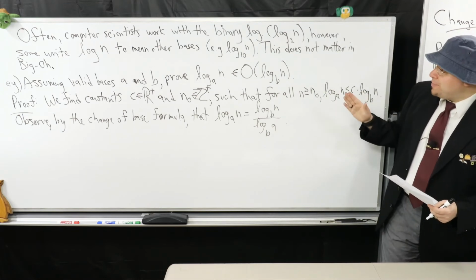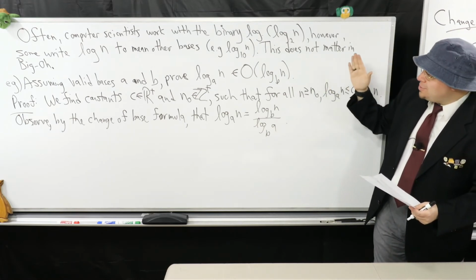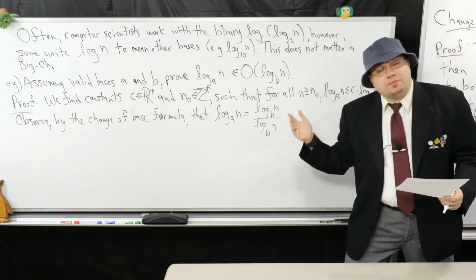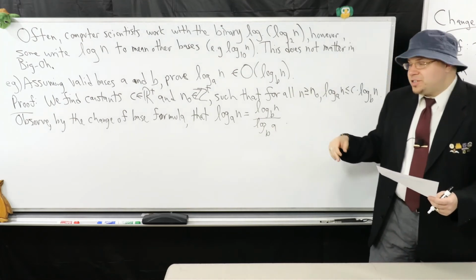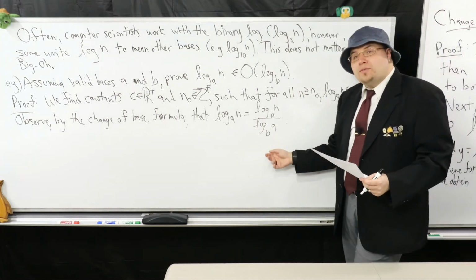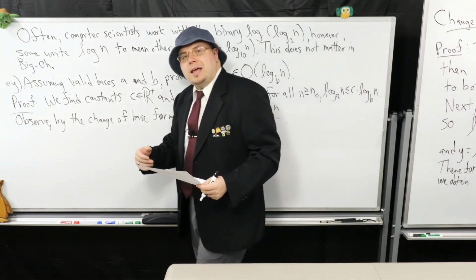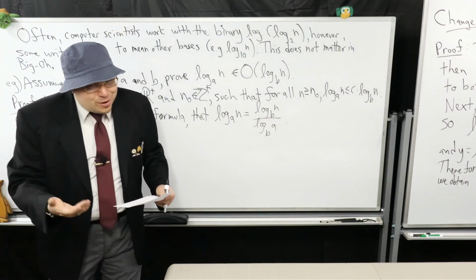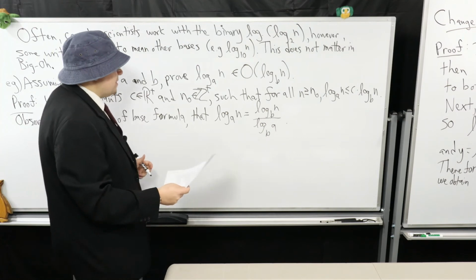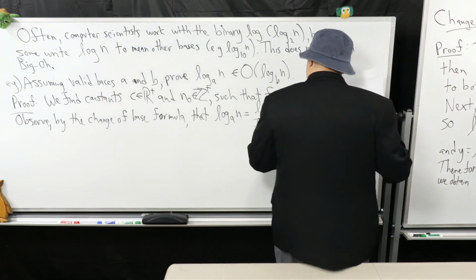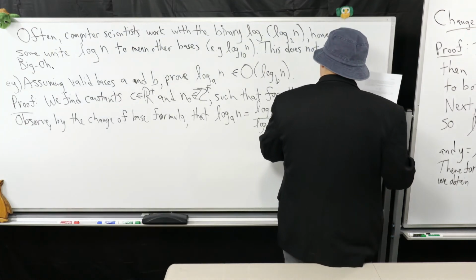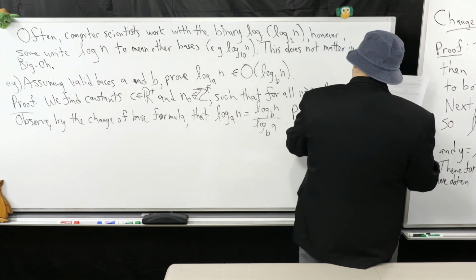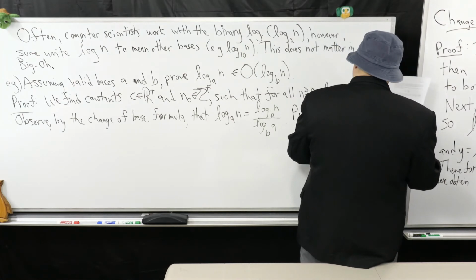And remember, I'm allowed to use any positive real constant in the definition of big O. And this 1 over this would indeed be a positive real number, right? So I'm going to select that. I'm going to pick C is equal to 1 over log base B of A.